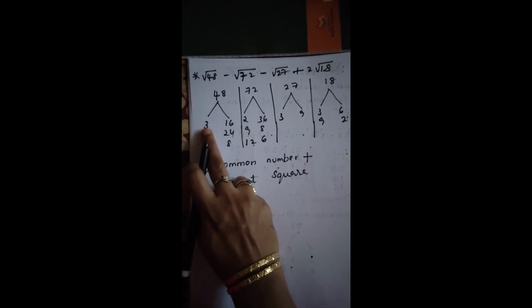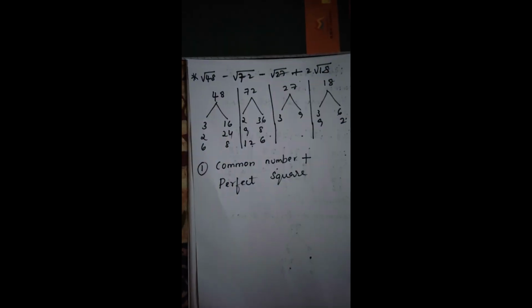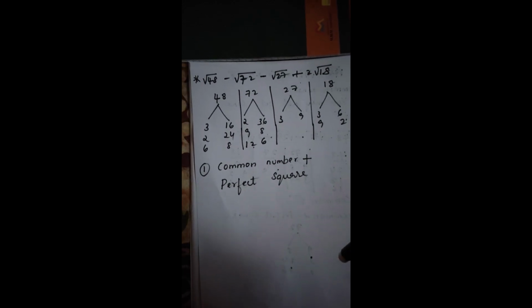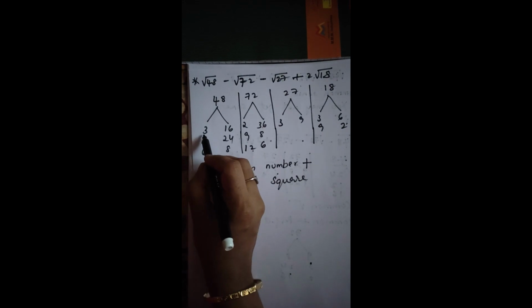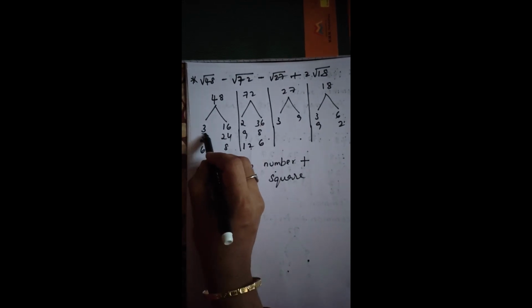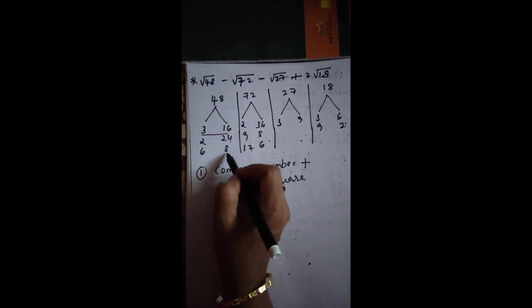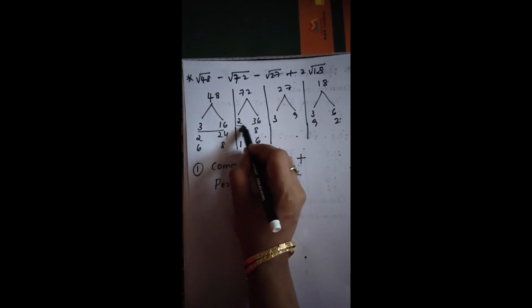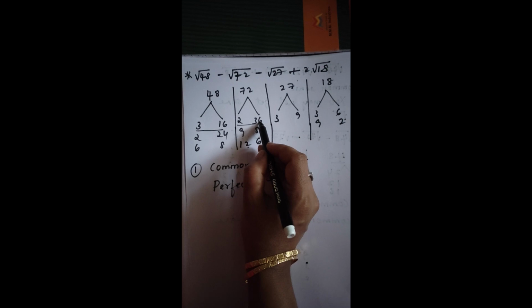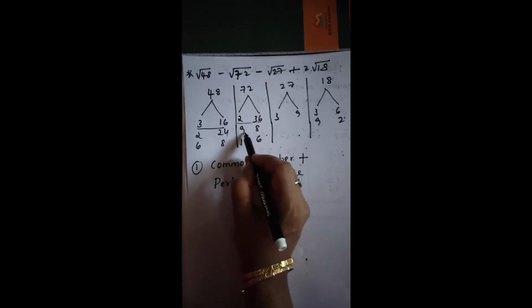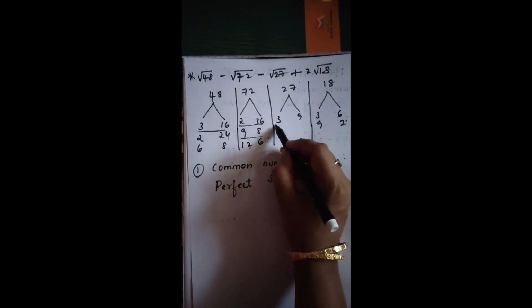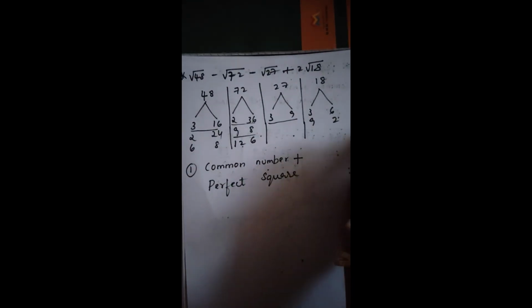You check whether this number is repeated anywhere. If it is repeated even one time, it is okay. Just mark it and keep it. 3 has no perfect square. Then you have 2 and 36. 36 is a perfect square, 6 into 6. Then 9 is a perfect square. Mark it. Where there is only one number, nothing to mark.